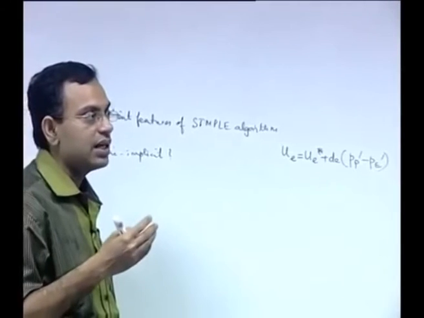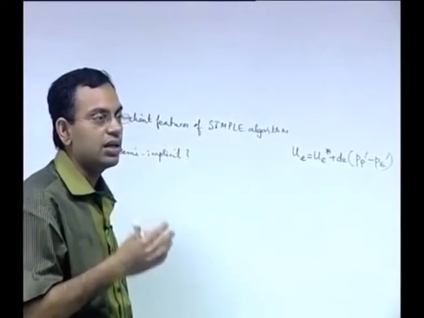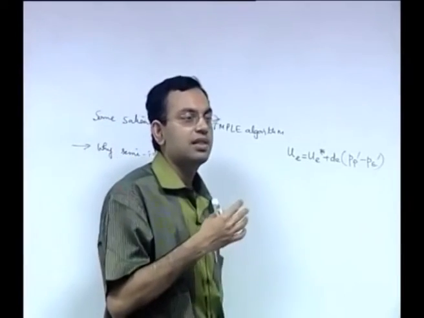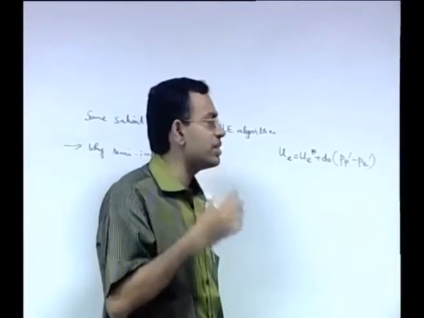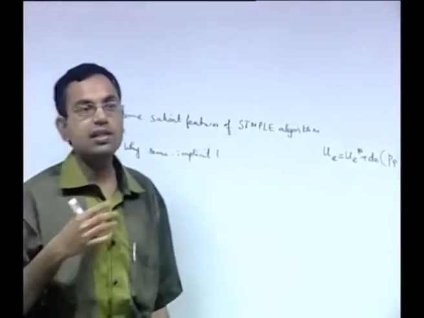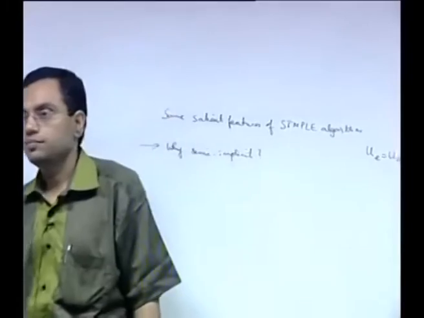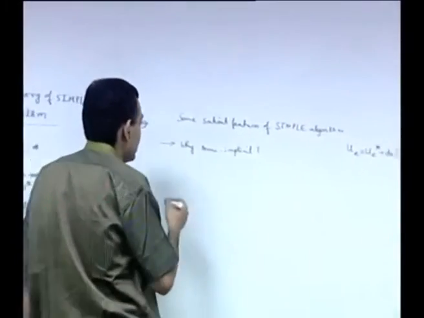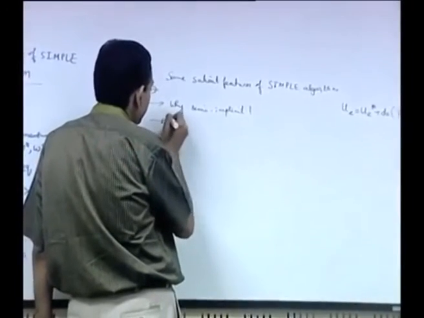Since the velocity correction due to neighboring grid points is omitted, the pressure correction at the neighboring grid points is taking the sole responsibility of correcting the velocity. In doing so, it is exaggerating the pressure correction. So, that is one important consideration.